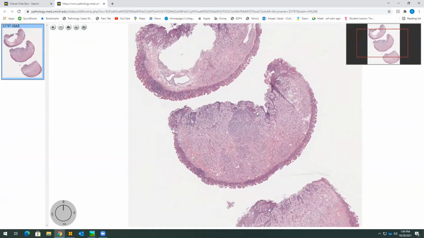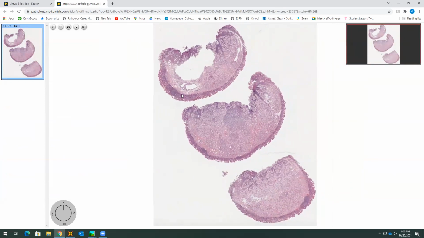So again, low power diagnosis is the first clue for any GI biopsy. They mentioned that it's a duodenum. So the location is apparently correct because of the villus architecture at the top, and it's very pink. You usually get some bleeding into the lamina propria.